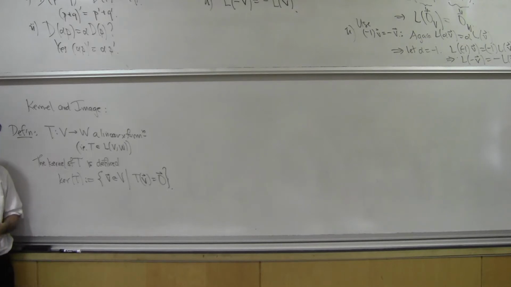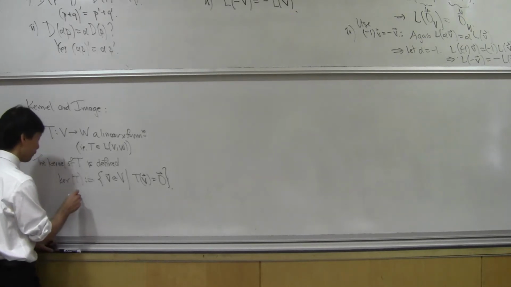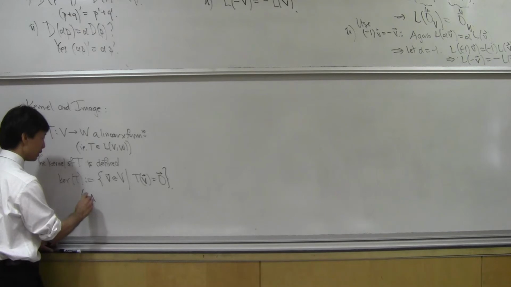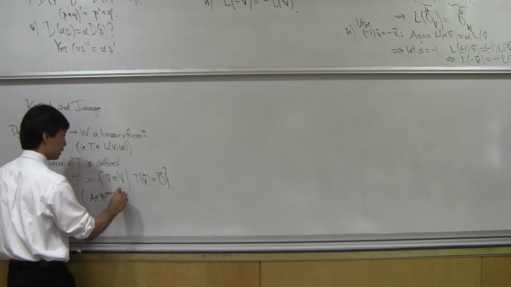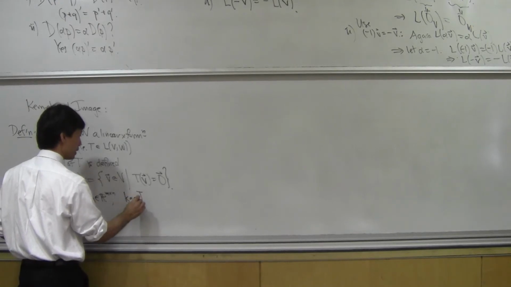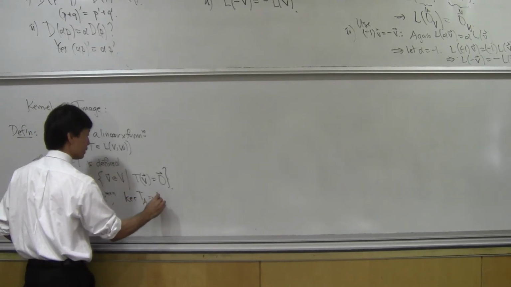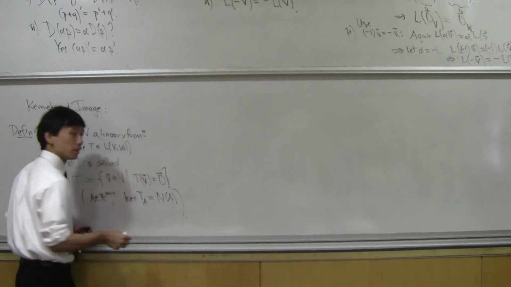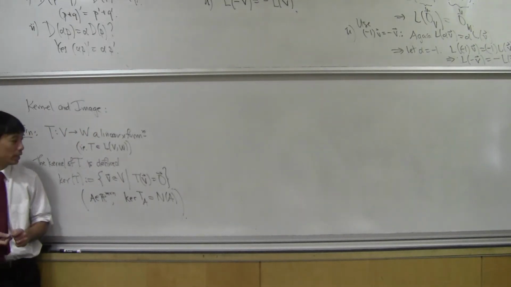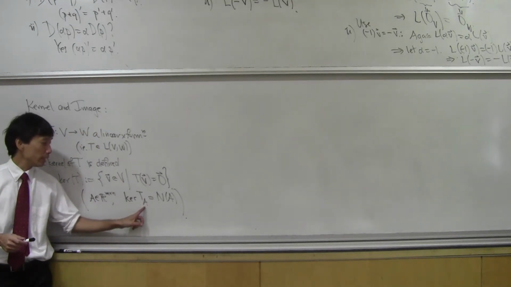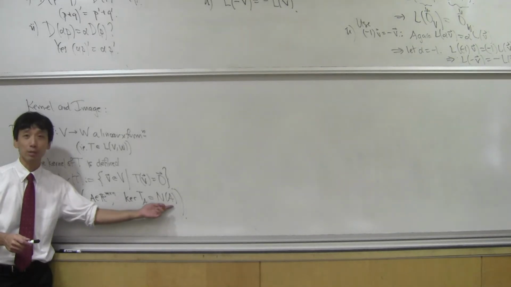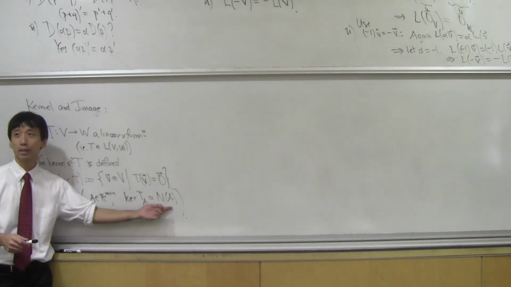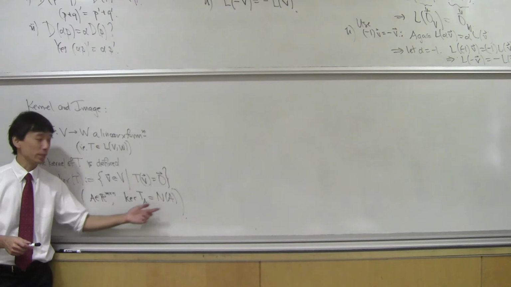So if I have some matrix A, then the kernel of T sub A is the same thing as the null space of A. The kernel of T sub A is everything in R^n that gets mapped to zero when you left multiply by A. That's the same thing as the null space of A.